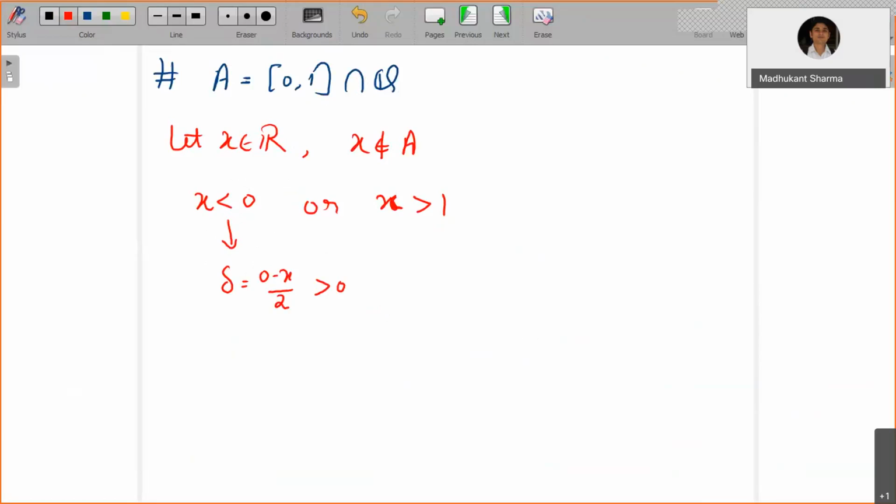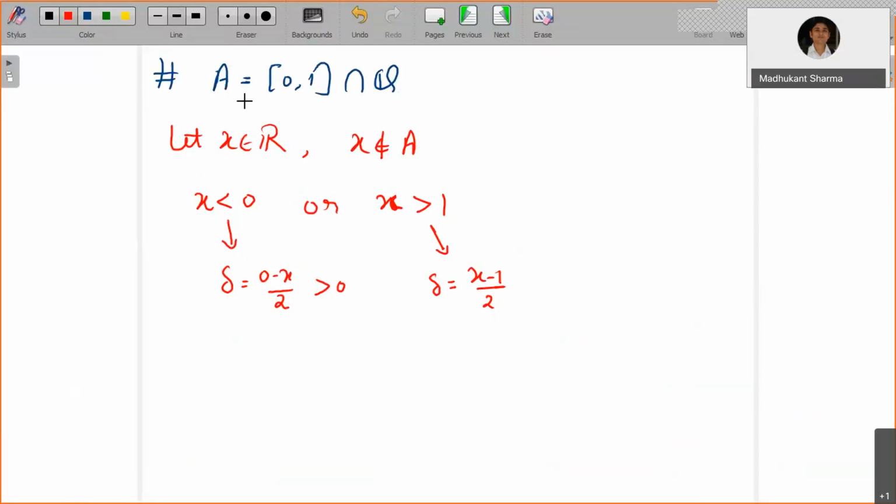For the other case, delta equal to (x minus 1)/2 will work. So outside A, none of the points is going to be a cluster point.